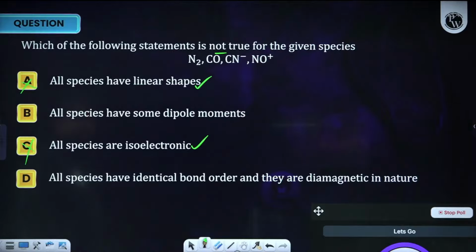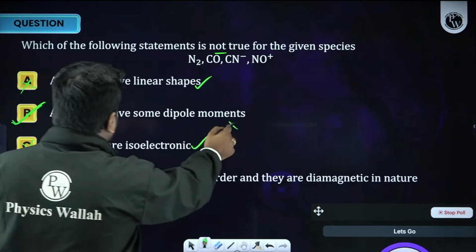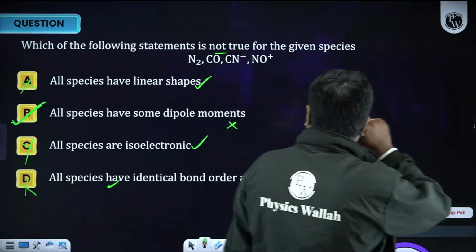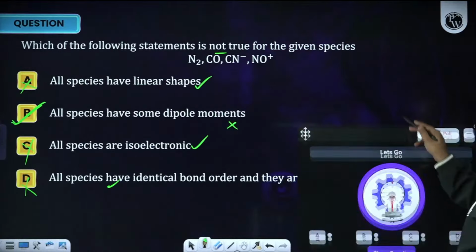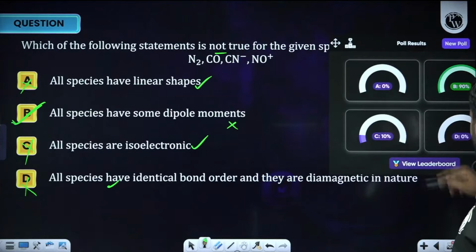Since everything is isoelectronic, they have identical bond order. At the same time, since there is an even number of electrons, they will be diamagnetic in nature. So which is wrong? Option B is wrong. Have some dipole moment? No. So option B is the right answer.